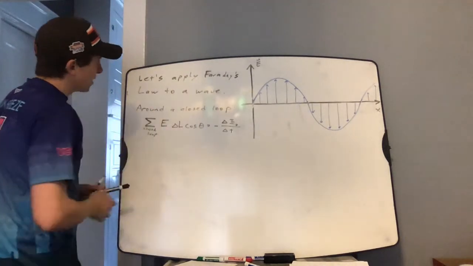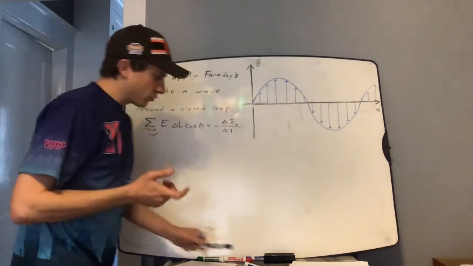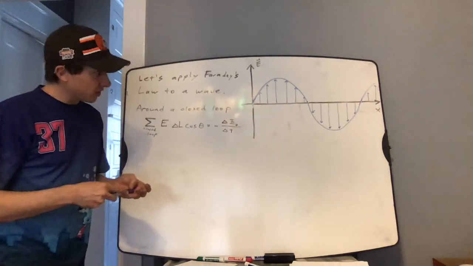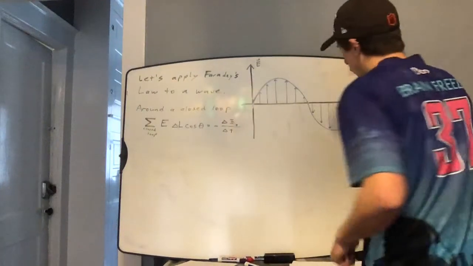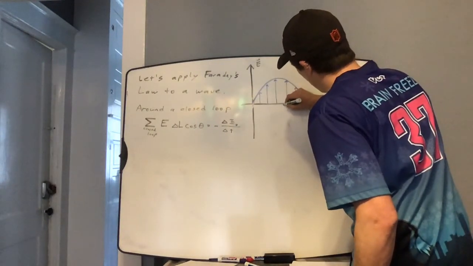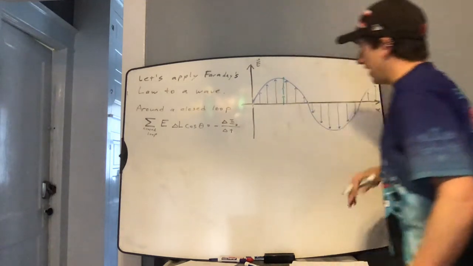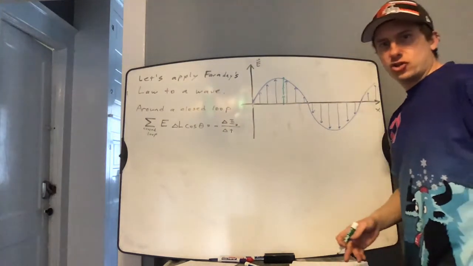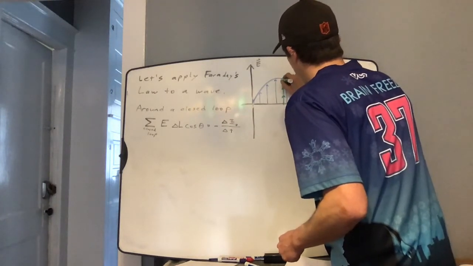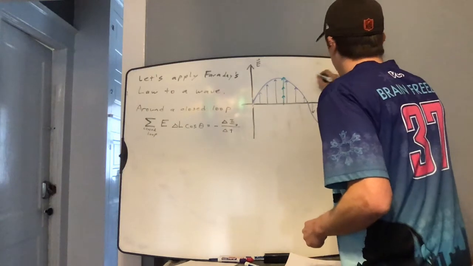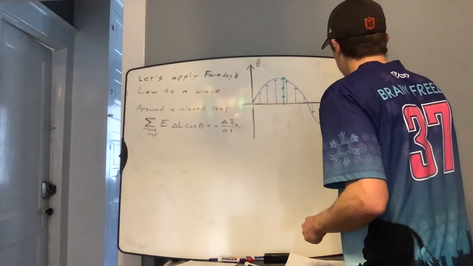So we're applying Faraday's law. We need to walk around a closed loop. Let's be creative with the closed loop we choose. We'll walk upward here, and let's say we walk in total a height equal to h.